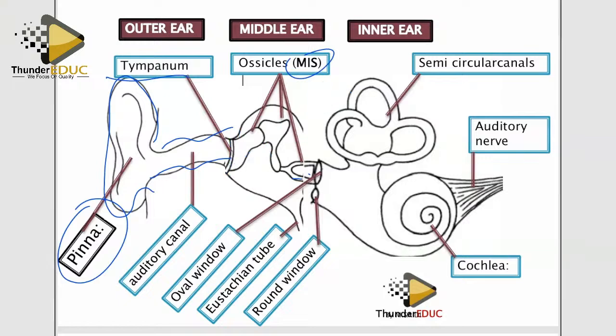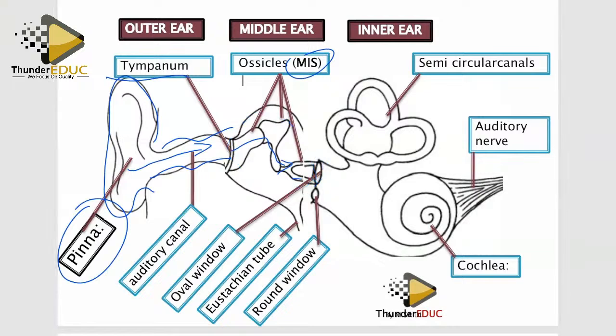Okay, we continue. These are the 3 bones. All these parts have a function. The same way you see me moving, the same way the sound is moving. We have this window. Check the shape.